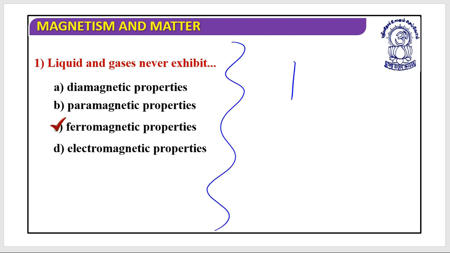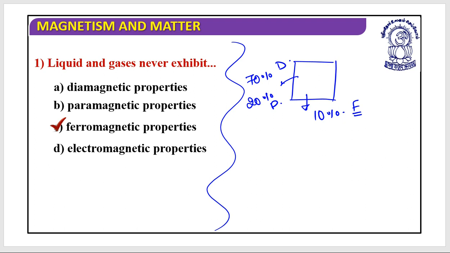Let's suppose this material contains 70 percent of the property of diamagnetism, 20 percent of the property of paramagnetism, and 10 percent of the property of ferromagnetism.